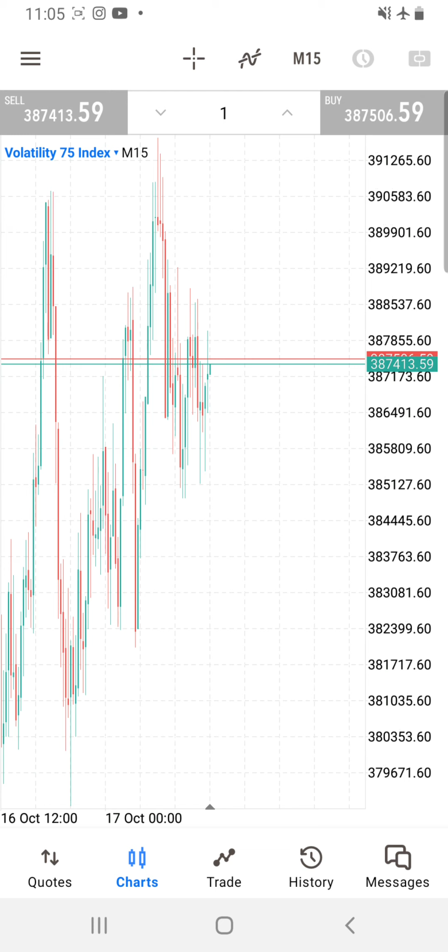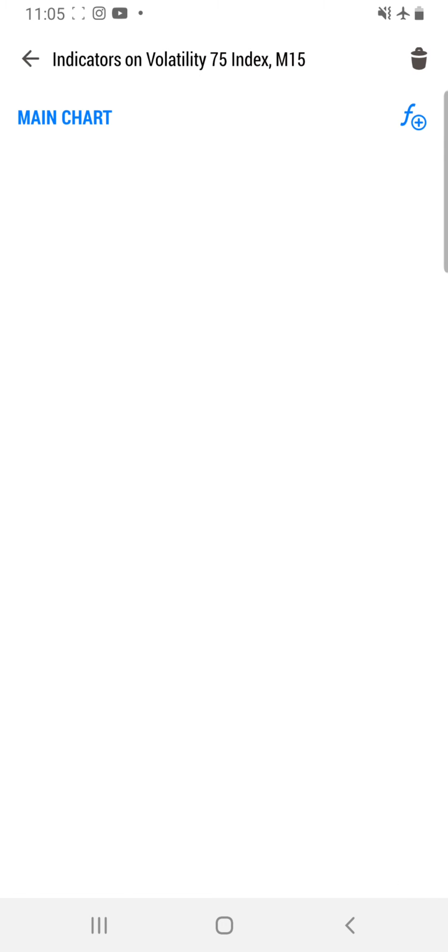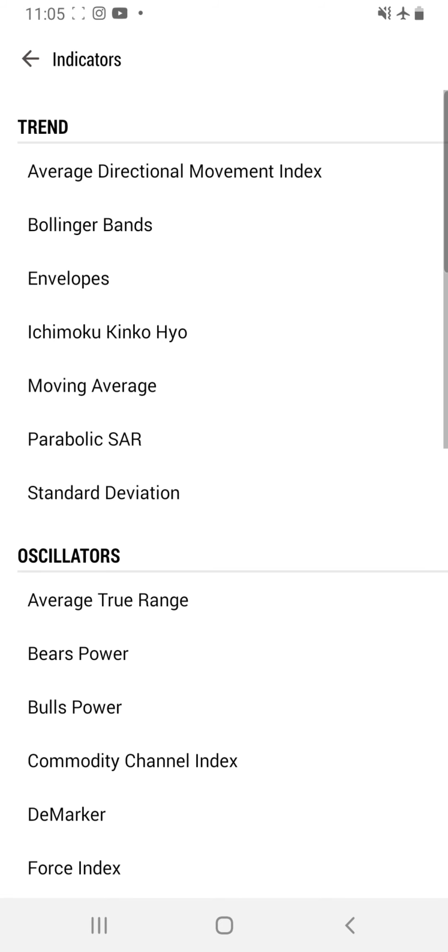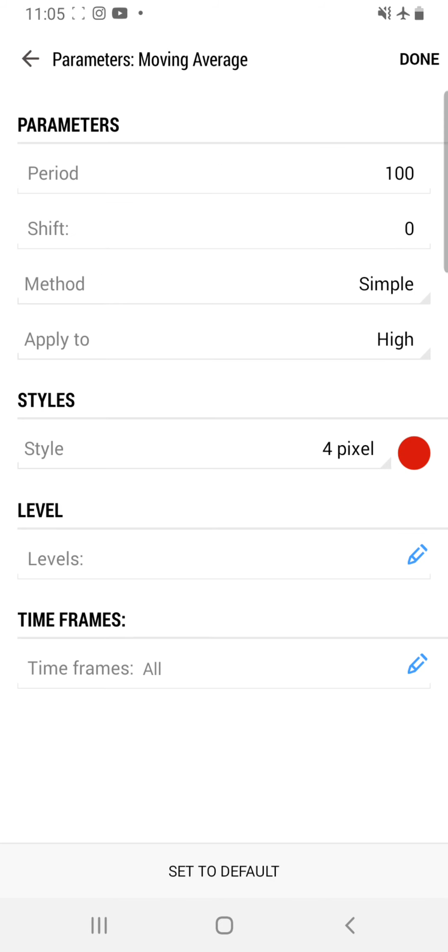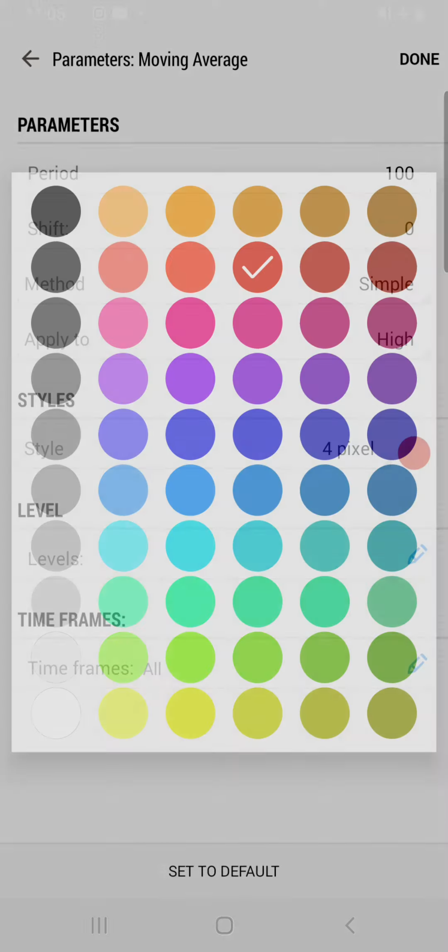The first indicator I want to install is going to be a moving average. Going to my charts, I'm going to look for the moving average, and this moving average is going to have the following parameters. We're basically going to have a period of 100, a shift of 0, a method of simple, apply to high, and on the styles I chose this red color as my style.